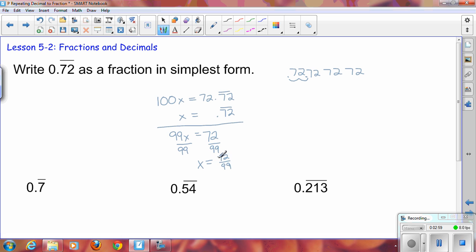So those are the only numbers you have to check when you're simplifying. So 72 and 99 are both divisible by 9, and you wind up with 8/11. That's your fraction. And if you want to double check yourself, take 8, divide it by 11, and you should get 0.72 repeating.